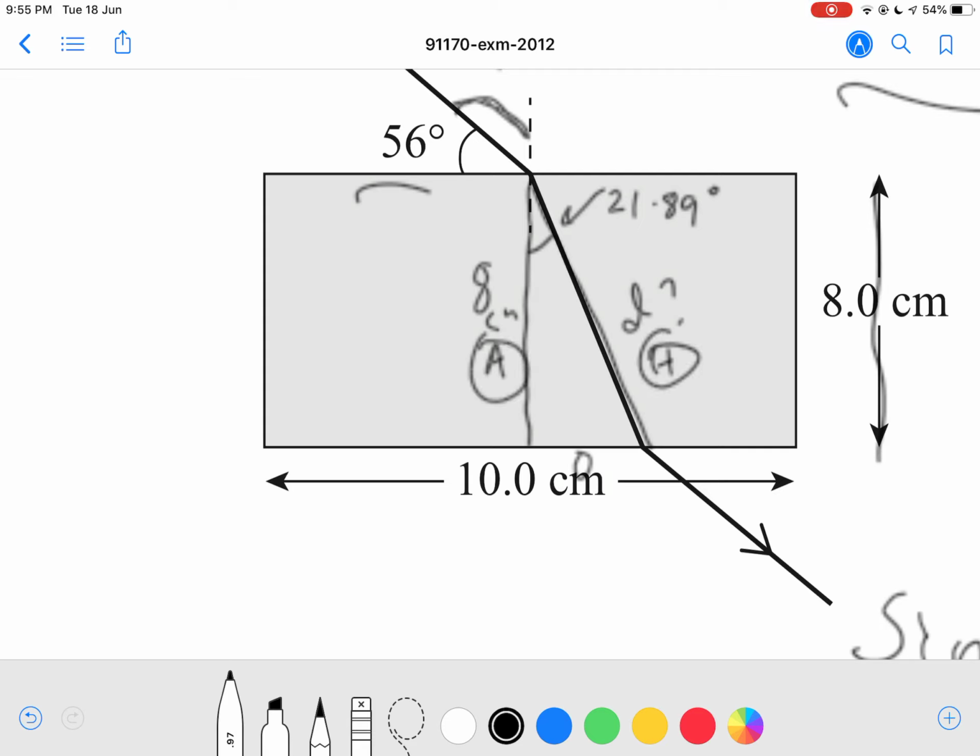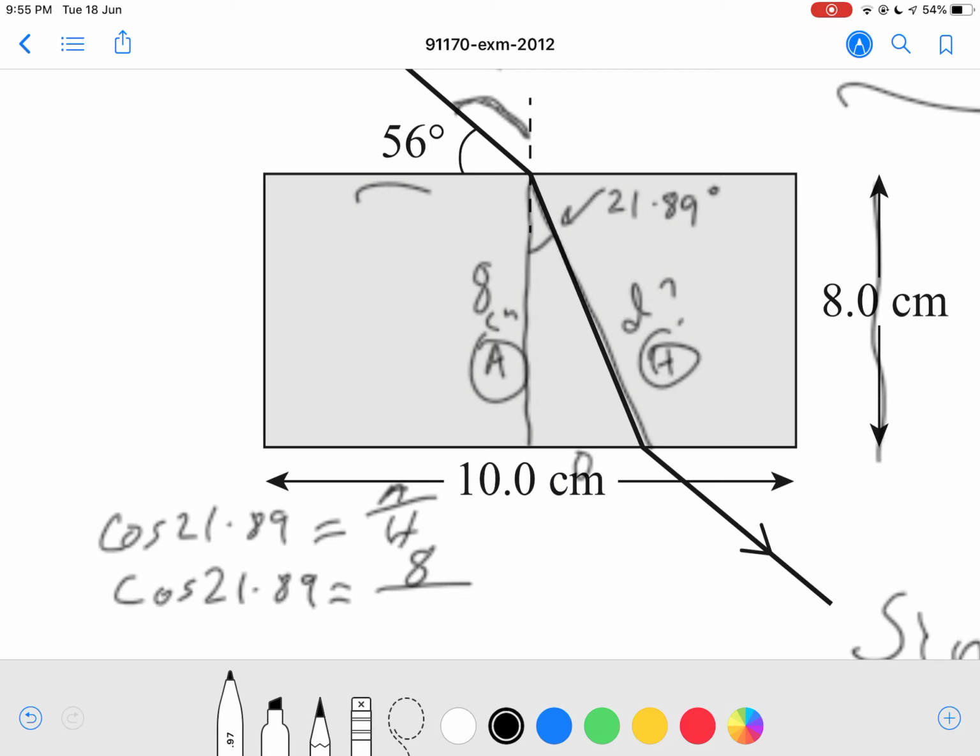So we're going to use the cos rule. Cos 21.89 equals A over H, so cos 21.89 equals 8 divided by our hypotenuse, or just say our distance.